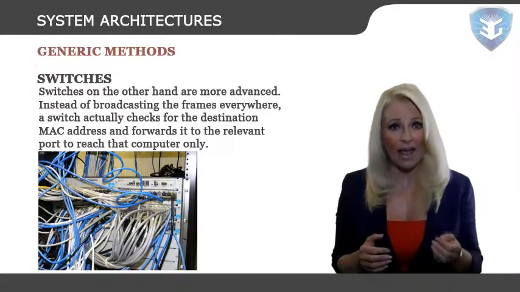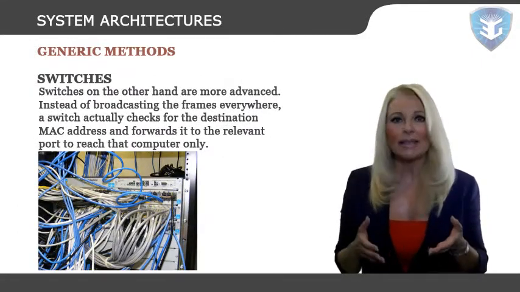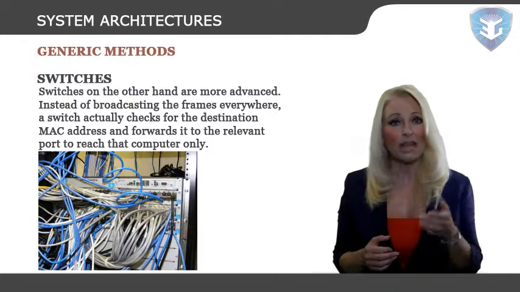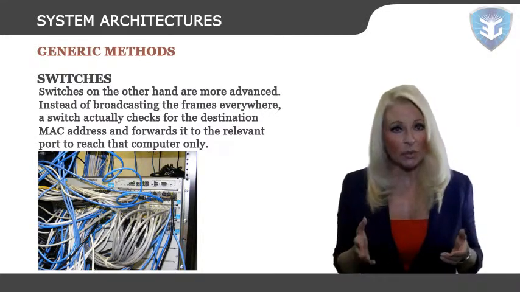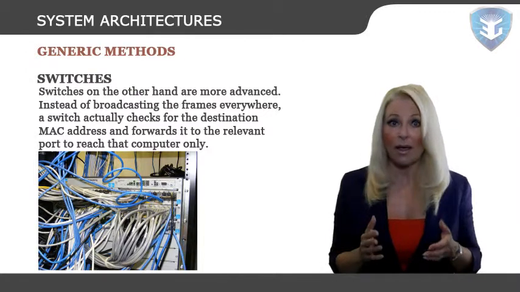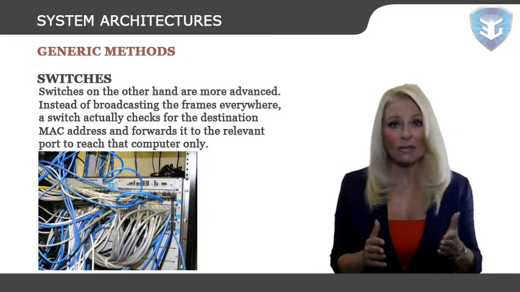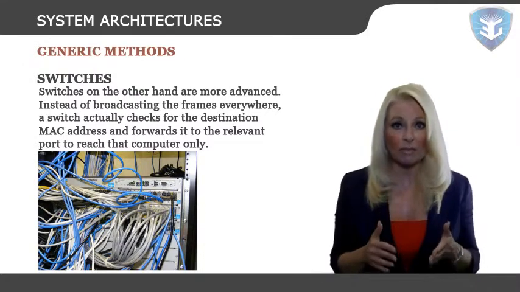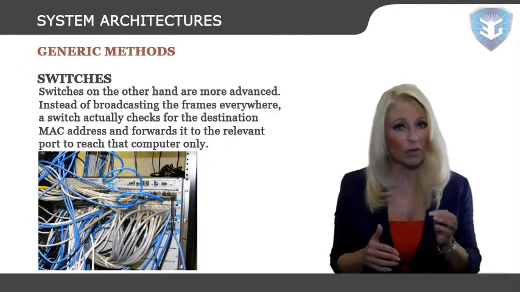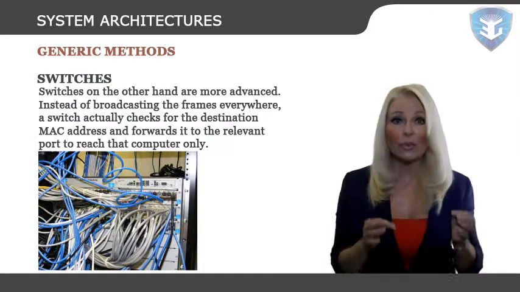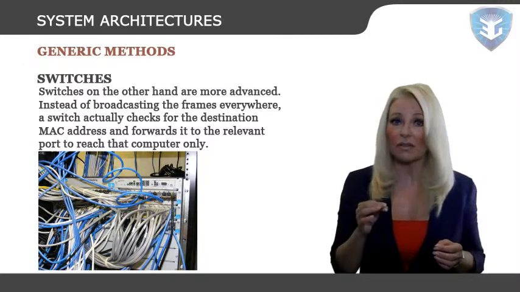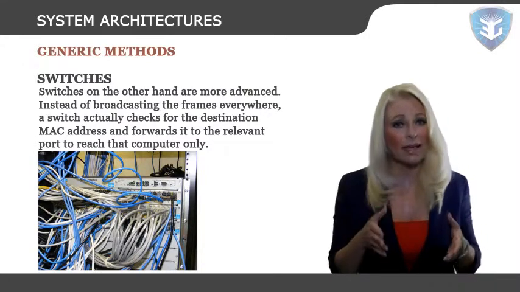Switches, on the other hand, are more advanced. Instead of broadcasting the frames everywhere, a switch actually checks for the destination MAC address and forwards it to the relevant port to reach that computer only. This way, switches reduce traffic and divide the collision domain into segments.